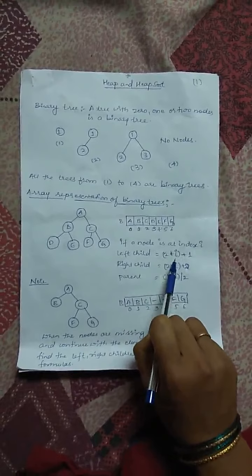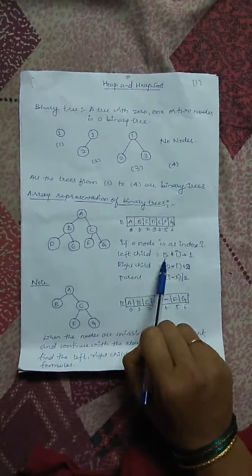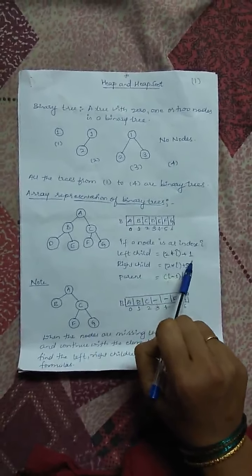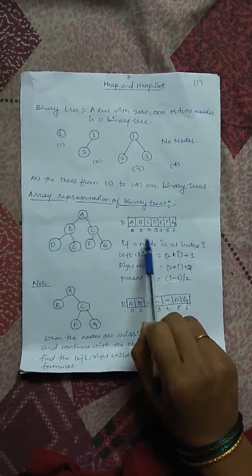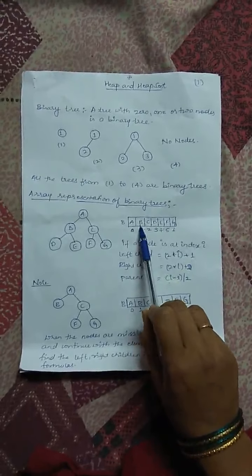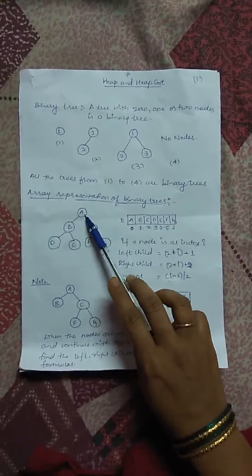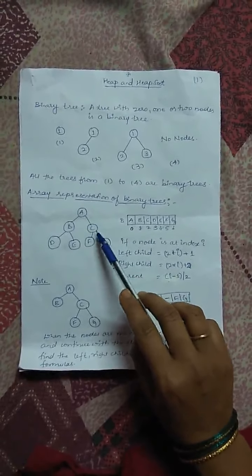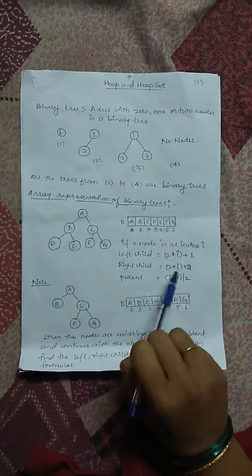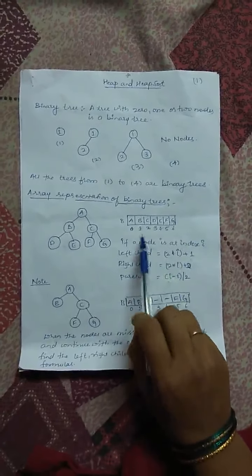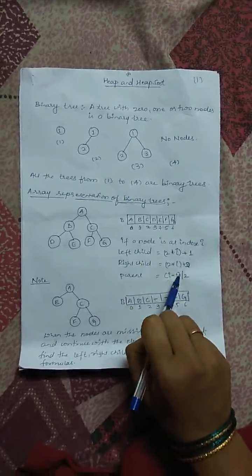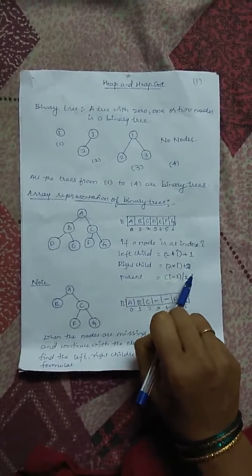What is the value of I I have taken here? 0. 2 zeros are 0 plus 1. 1 will give me the position. See, at 1 I am having B. So B is the left child of A. How to find the right child now? 2 into I plus 2 here. What is the value of I? 0. 2 zeros are 0 plus 2 means it is going to give me 2.